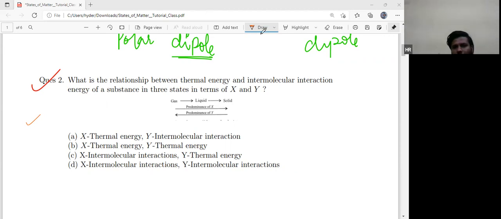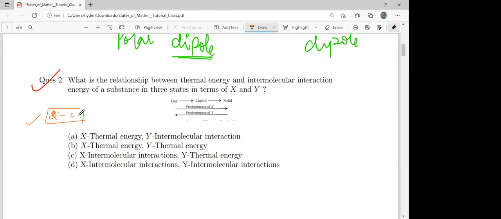Any answer from any other student? Very good. Aisha, you don't need to write all the answer. You just need to write Q2 or 2 and then the option C. Sorry, sir. That will be easy for you. Okay, sir.